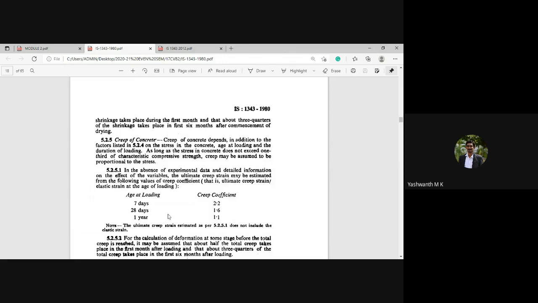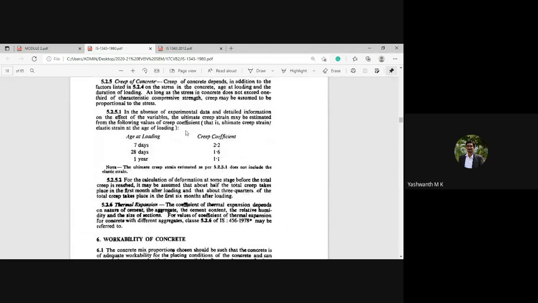In the absence of experimental data, as I stated for the examination, if the creep coefficient data is missing, you can go to the 1980 code, page number 17, clause 5.2.5.1. From this particular table, you can pick the creep coefficient values.